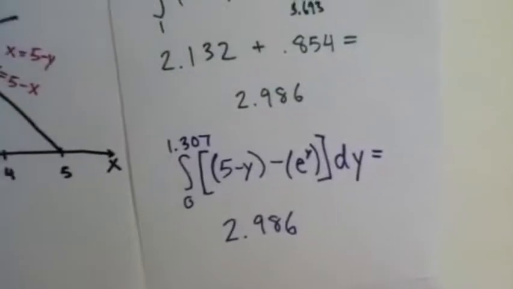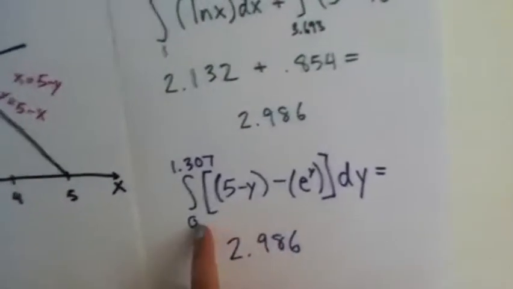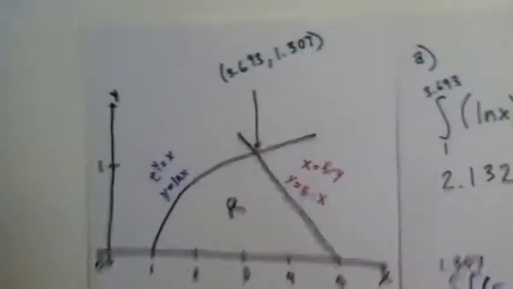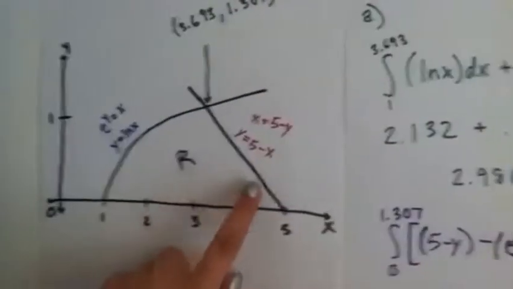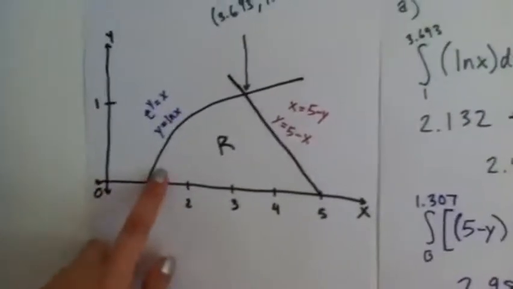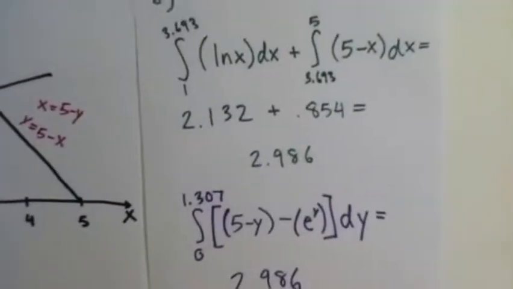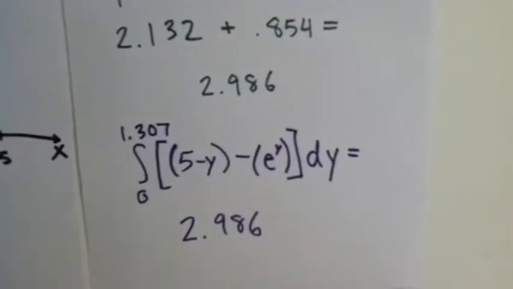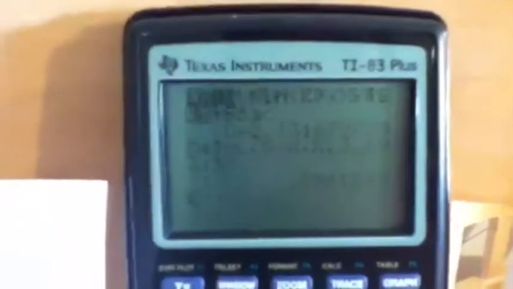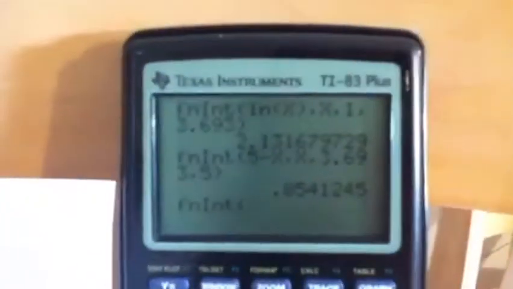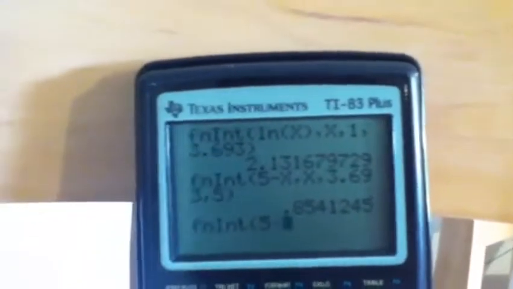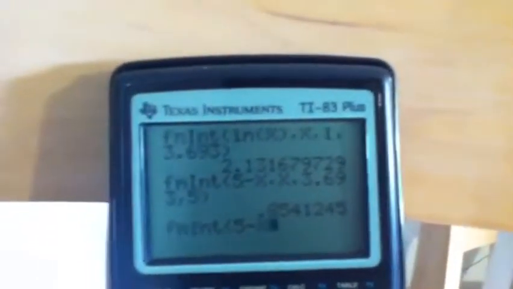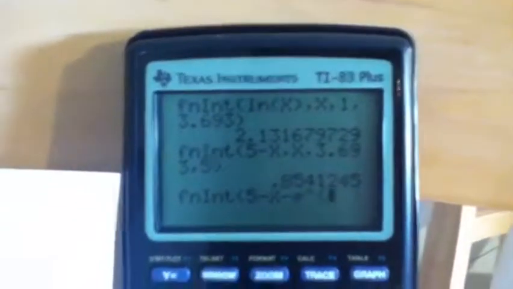So the integral you end up having is the integral from 0 to 3.07, which was your intersecting point and your max y value. And you do this function subtracted by this. So 5 minus y minus e to the y dy with respect to y. And to plug that in, you go to Math 9 and you do 5 minus x minus e to the x.